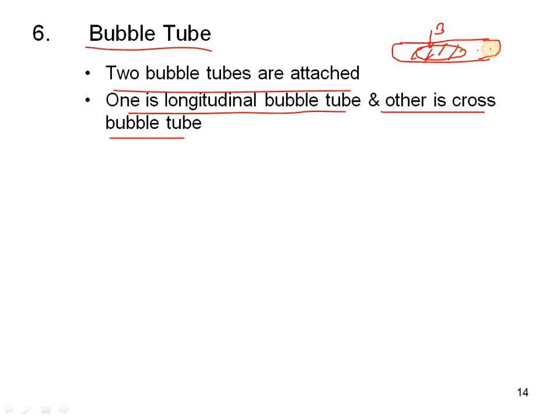It will move up and down. This arrow shows both side directions, whether it goes up or goes down. So to and fro movement will be there. This is the longitudinal bubble tube. And coming to the cross bubble tube, it will be in a circle.